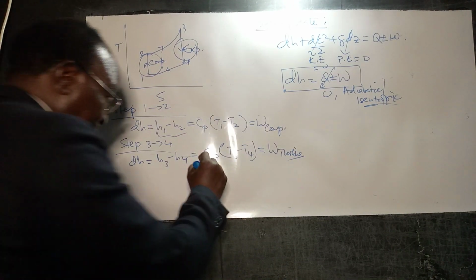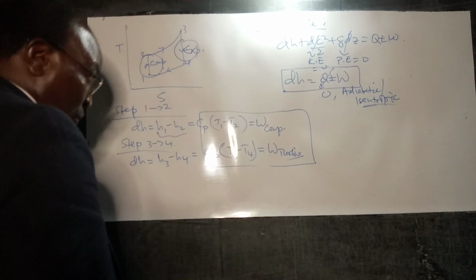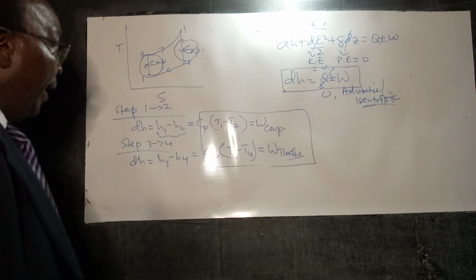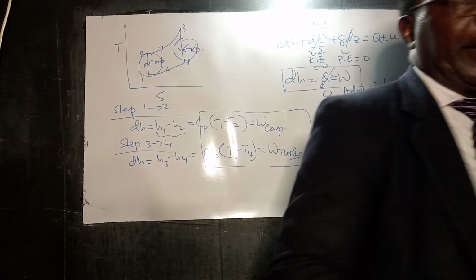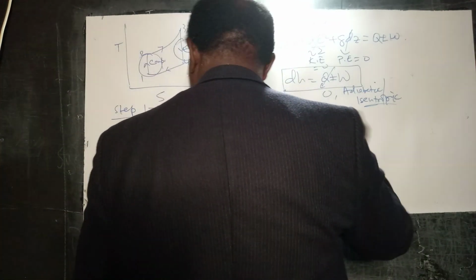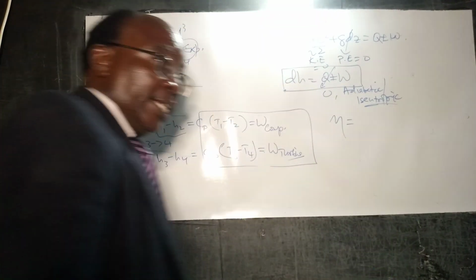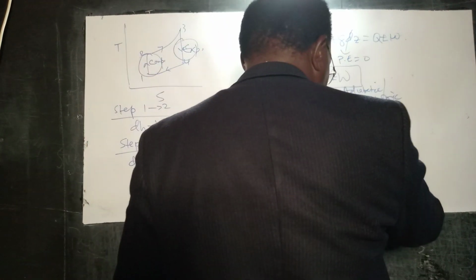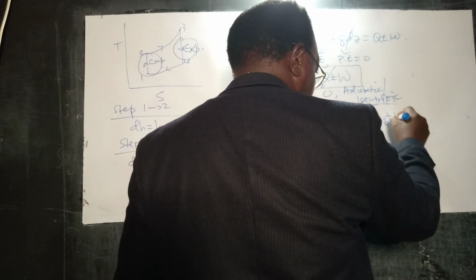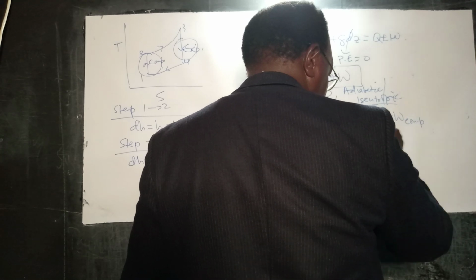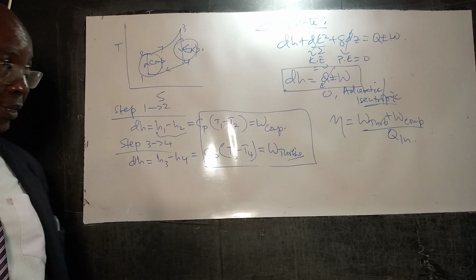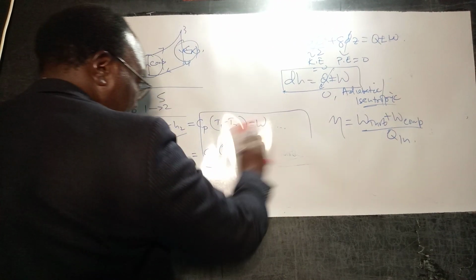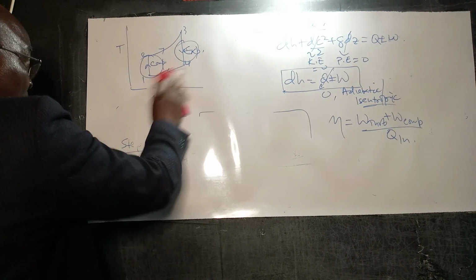So if we work with this quantity, what is the work input? Remember, we have the heat exchanger and we input heat into that particular system. So therefore the efficiency is the work of the turbine plus that of the compressor divided by Q in.